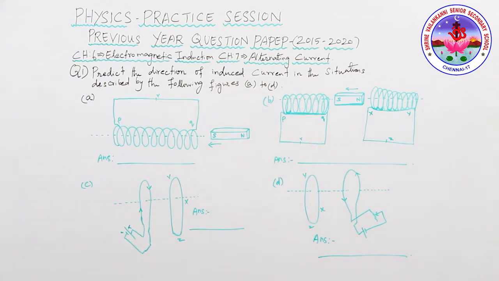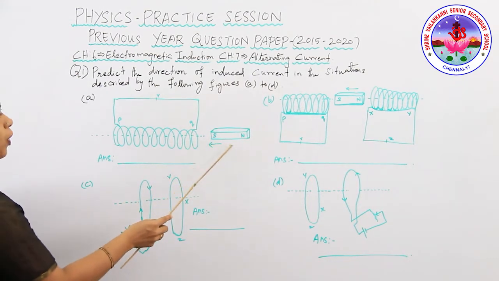Observe the diagram, children. By observing how they have given the coil and the magnet, you may understand that Lenz's law gives the direction of the induced current in the closed loop, right? The given diagrams show the direction of the induced current when the north pole of the bar magnet is moved towards and away from the closed loop.